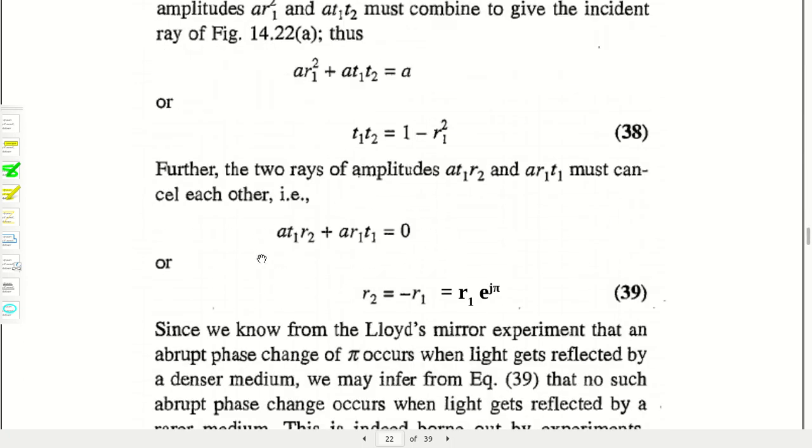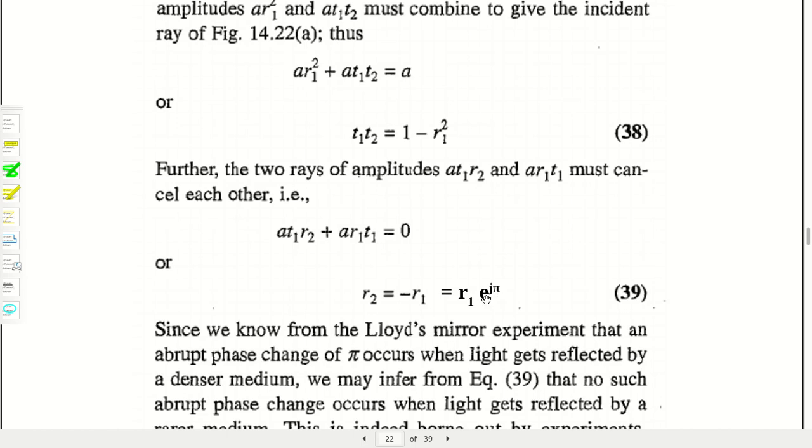So from here you can formulate that R1 is equal to minus R2, or R2 is equal to minus R1. Here it is written according to Stokes, R2 is equal to minus R1. He had taken this, so R1 into e to the power j pi can be written here. Okay, because e to the power j pi, using the de Moivre theorem, you will get minus 1.